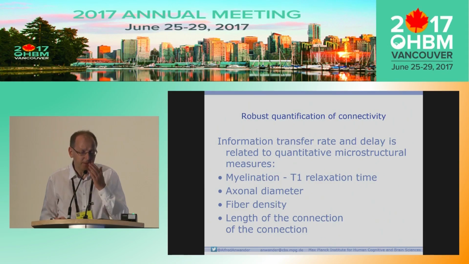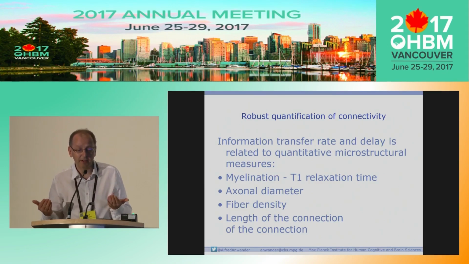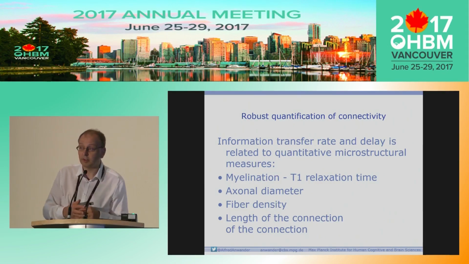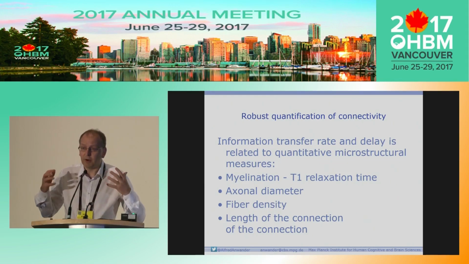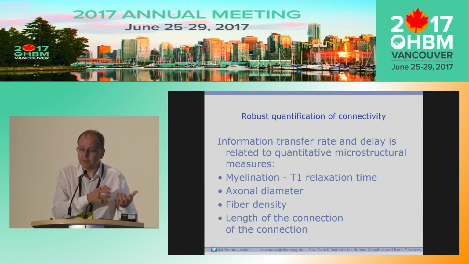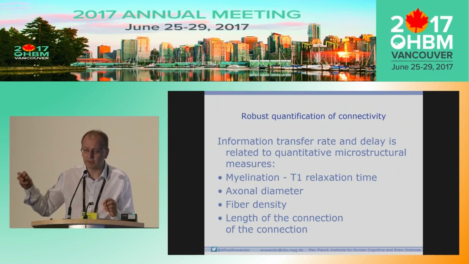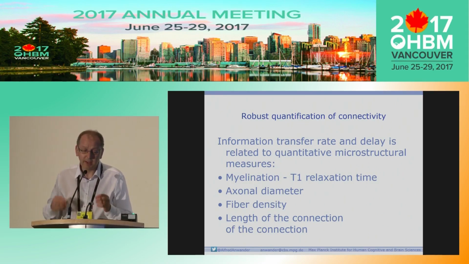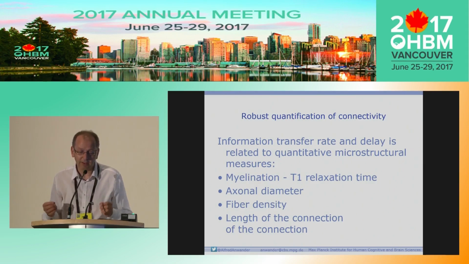So we can use something like myelination, since we know that the amount of information or the amount of influence an activity in one region can have on a second region, and how much time it will take, depends on the myelination and the axonal diameter of this connection, and also on the fiber density of this connection, and of course the length of this connection.